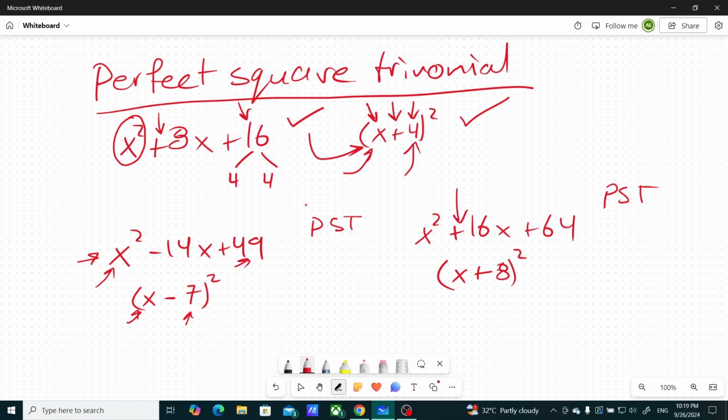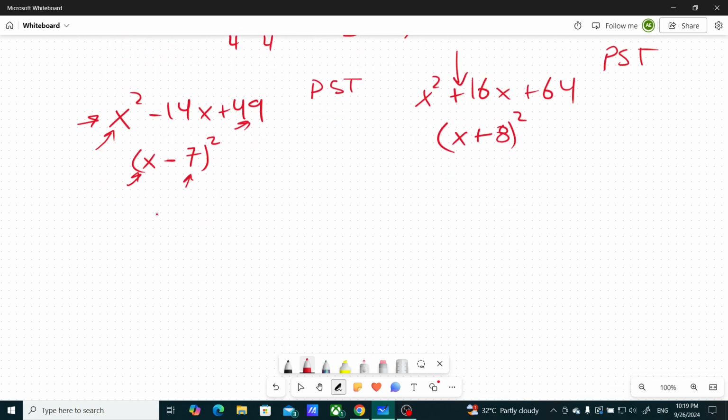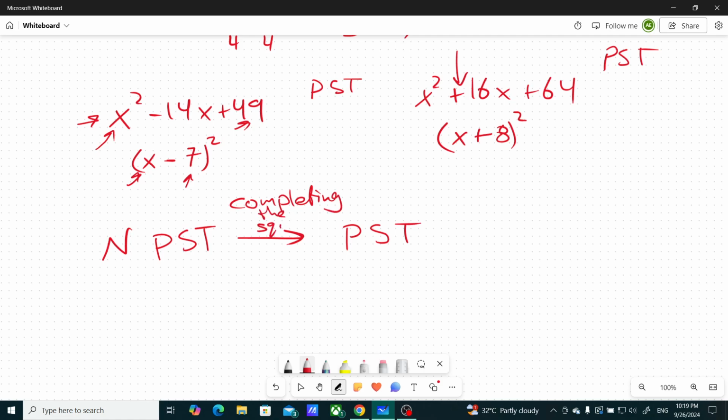So basically the process of changing a non-perfect square trinomial to a perfect square trinomial is called completing the square. Basically, that's the whole idea. Let's take an example.